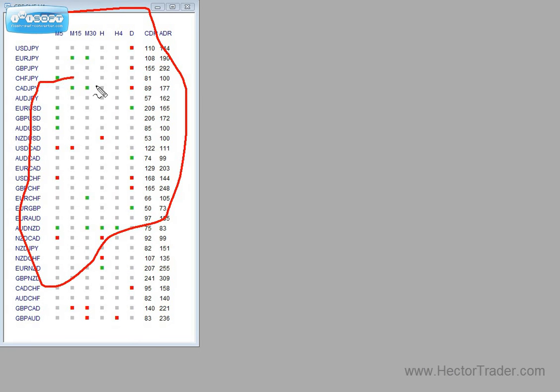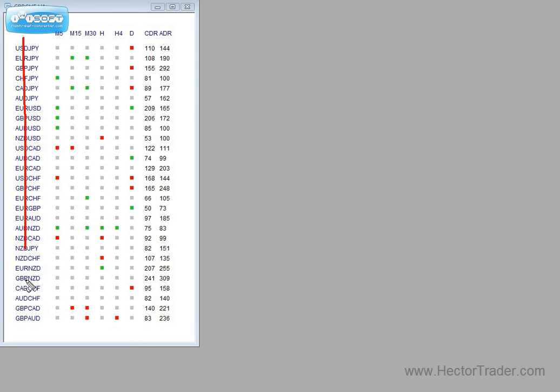Basically, this indicator keeps track of 28 currency crosses in different time frames.